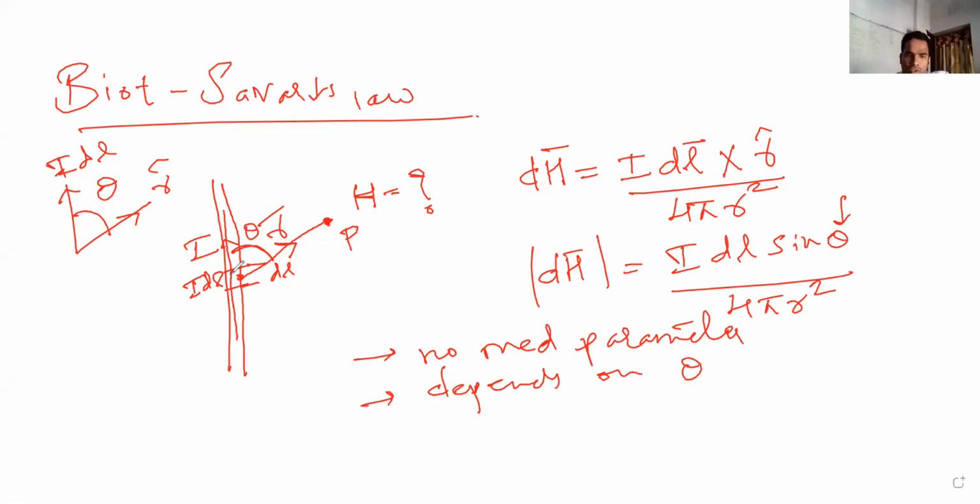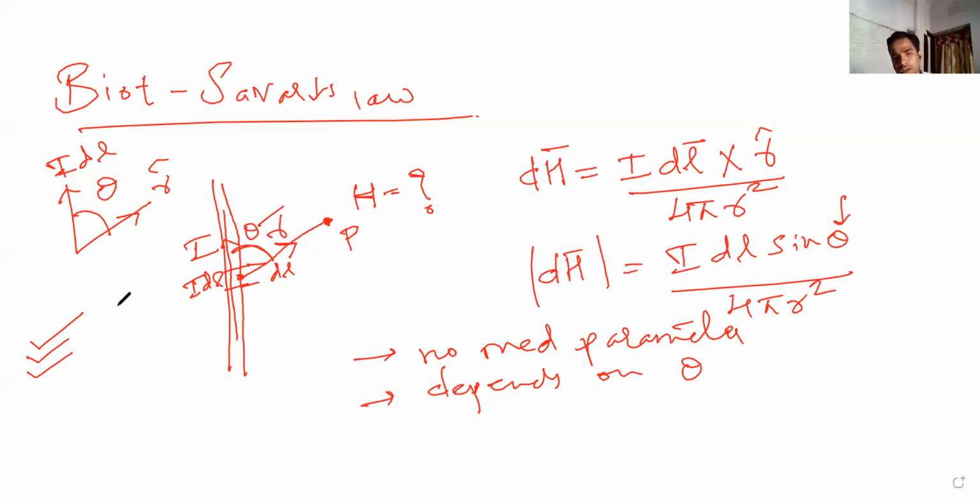Now this is because of a finite or infinitesimally small current element. If I need it for the entire conductor, I can extend this law. You will see in the applications of Biot-Savart's law how to find H due to various configurations. Like in electric field, we saw E due to line charge, E due to surface charge, and E due to volume charge.